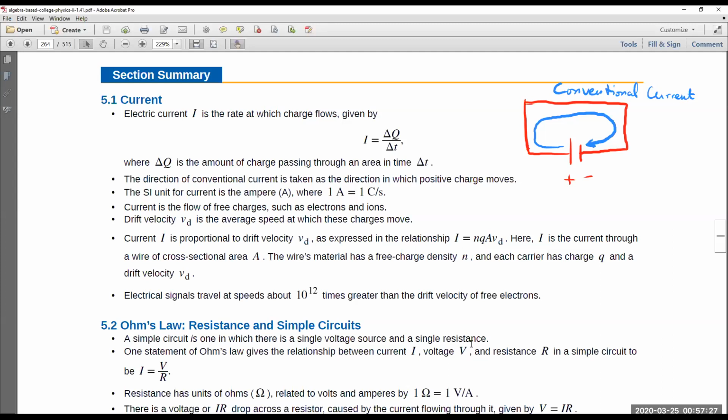And that is what is used today. In reality, electrons move from the negative plate to the positive plate. So electrons go like this. That's the electron current. The blue is the conventional current. And note that current is denoted by the symbol I.